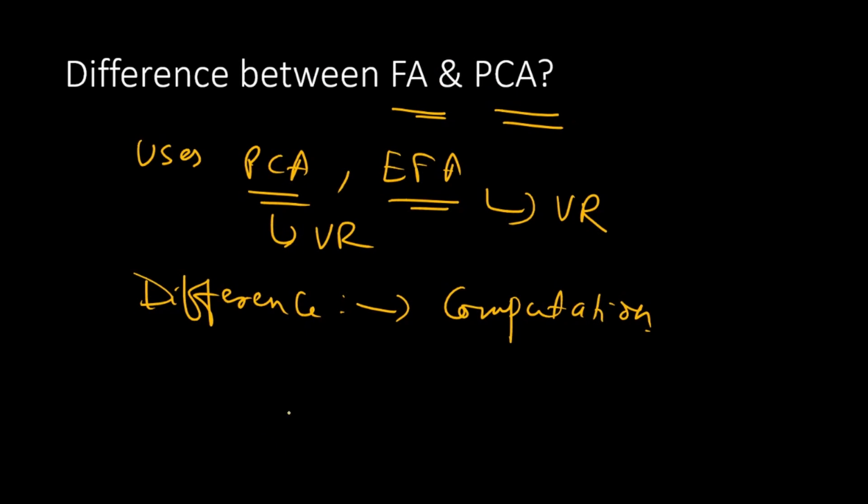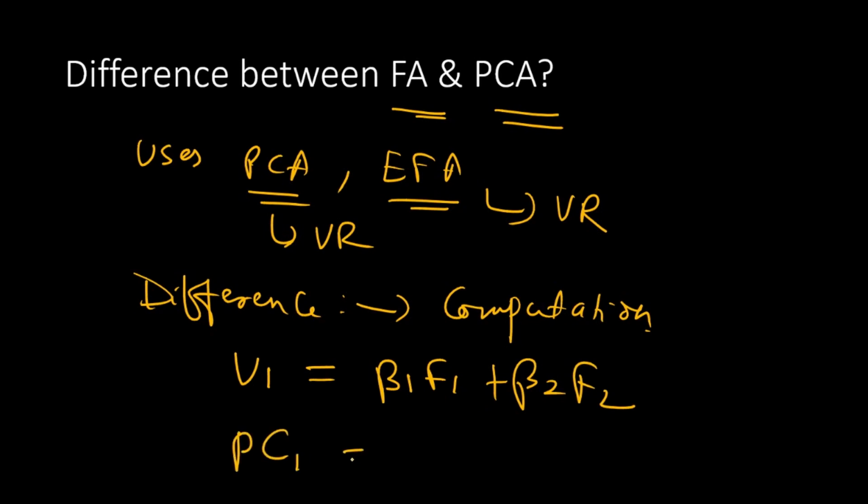One of the mathematical differences I'll provide here is very important and often asked in technical round interviews. In the factor analysis, every variable, say variable 1, is a linear combination of beta 1 times factor 1 plus beta 2 times factor 2. Whereas a principal component is a linear combination of variable 1, variable 2, and so on.